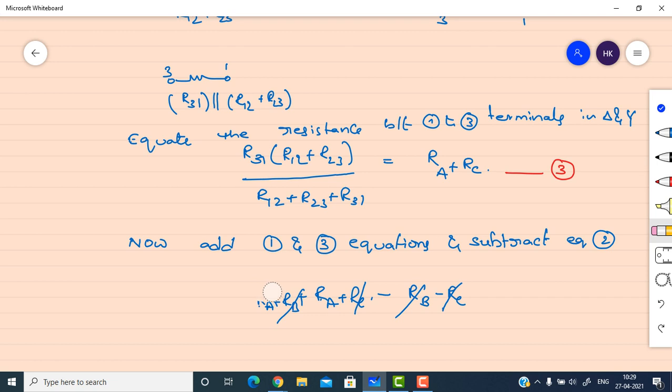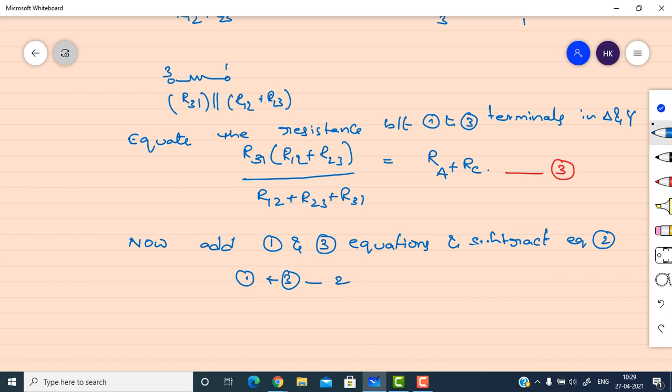Not only on the right hand side, you have to do it for the left hand side of the equation also. So equation 1 plus 3 minus 2 we have to do now.